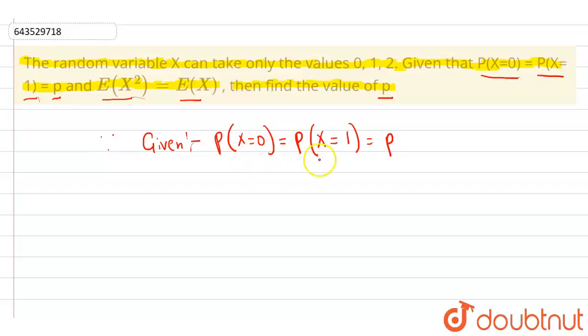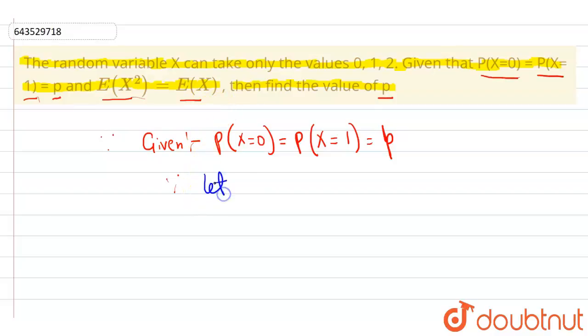So these both are equal to small p, right? Since in the question it can take only three values, that are 0, 1 and 2, and at 0 and 1 we have been given the values of probability, that are p, we will assume for 2.